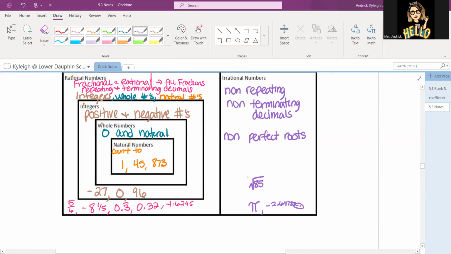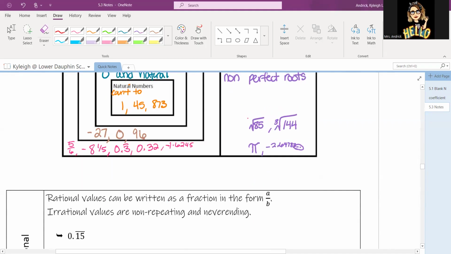The answer's no. Or like the cube root of 144. 144 is listed under squared, but it's not listed under cubed. So it's a non-perfect cube, which means it's irrational. So there you go. That's that. So use your chart.